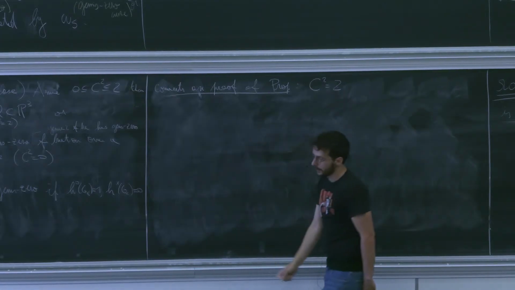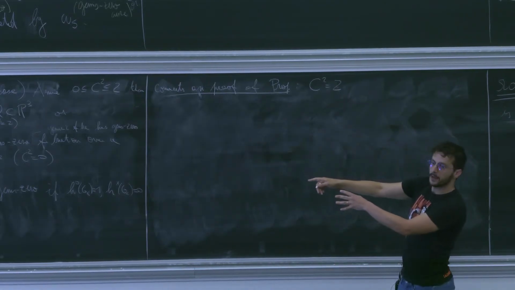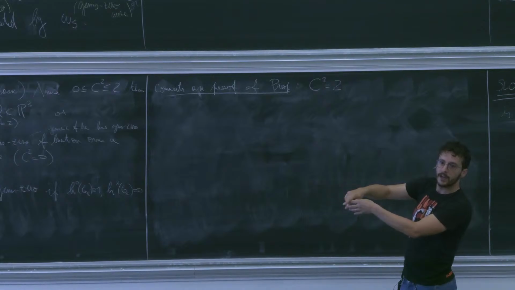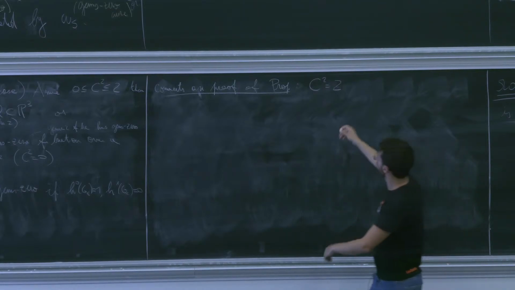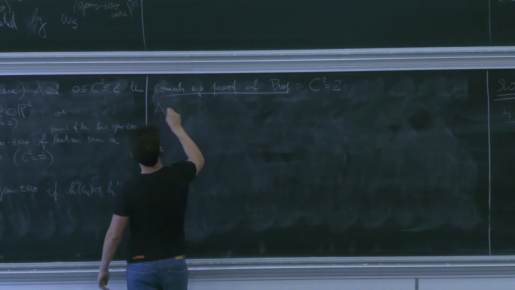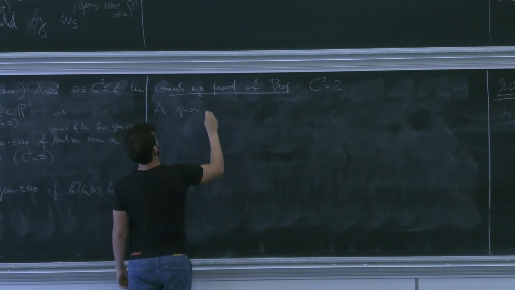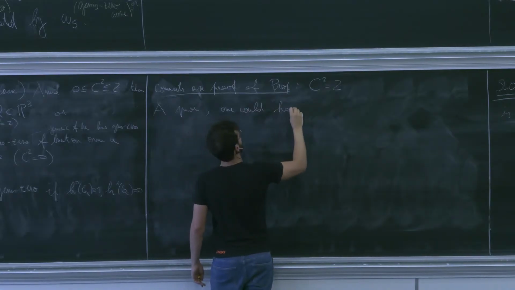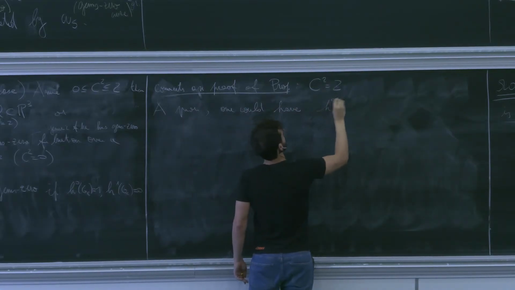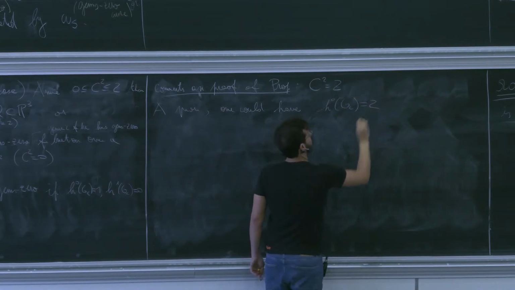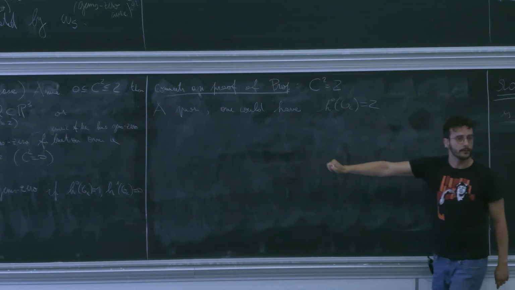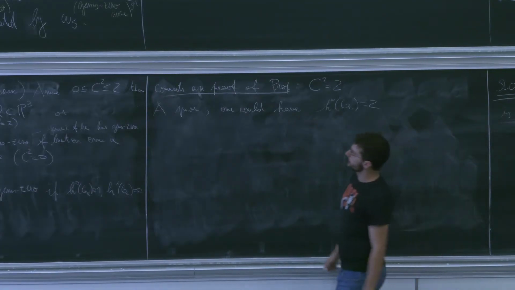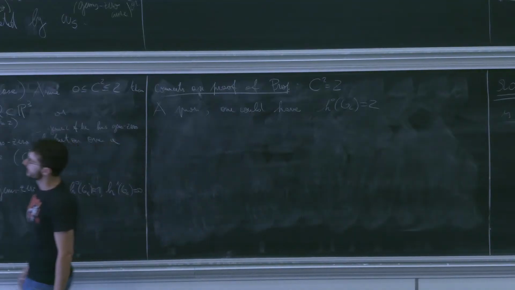That numerology tells me that a priori one could have H naught of OC equal to 2. This is allowed.